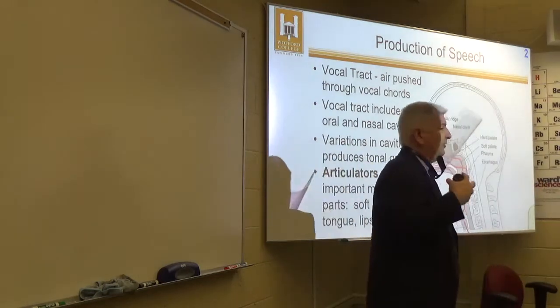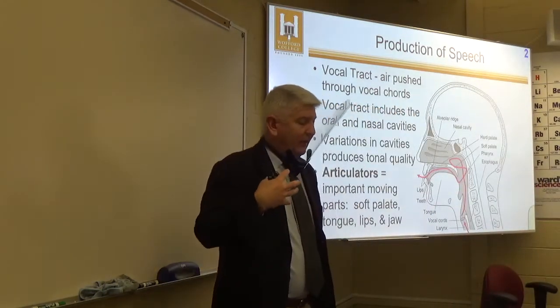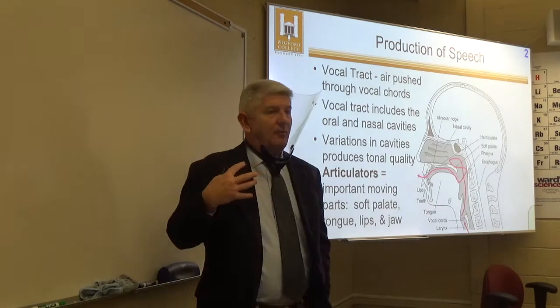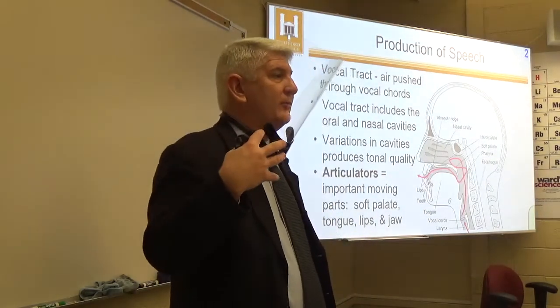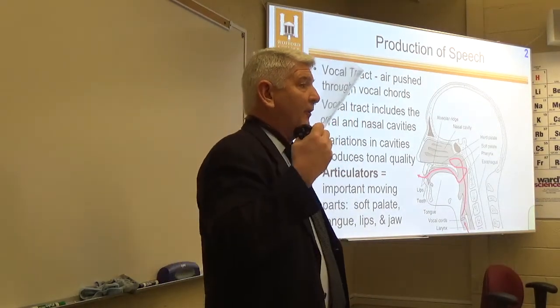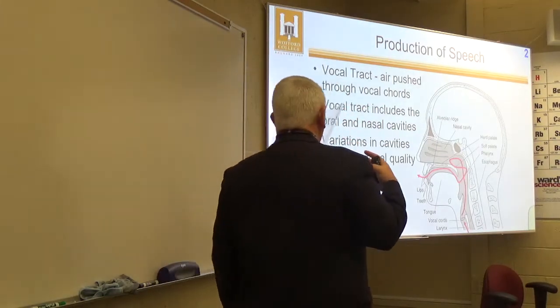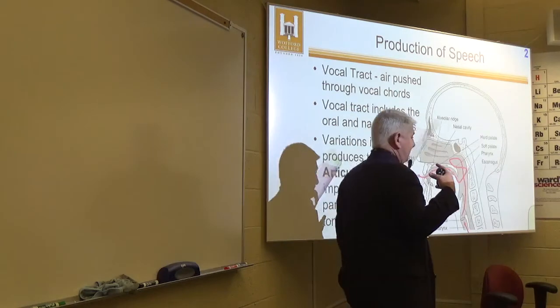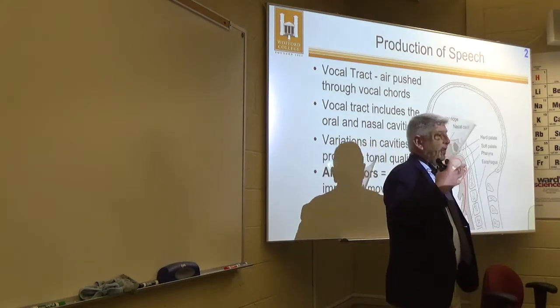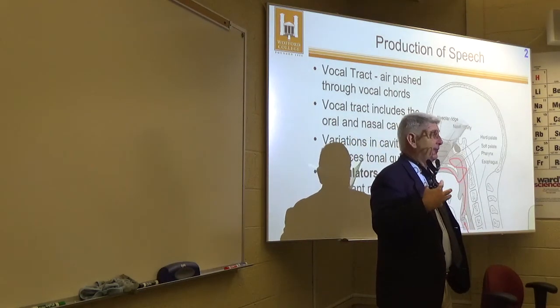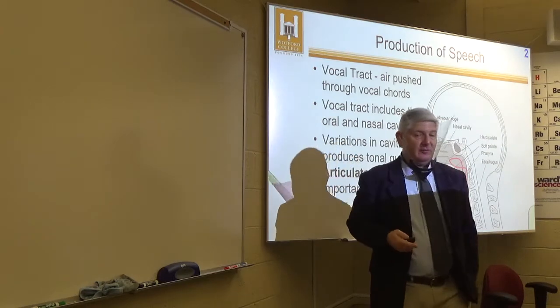And the articulators are particularly important with consonants as opposed to vowels. So vowels tend to be fundamental frequencies with open mouth types of sounds, whereas the consonants tend to be relying on the articulators in order to make those frequencies.